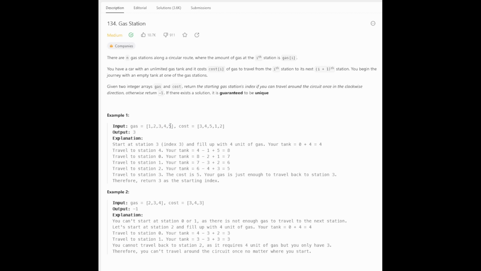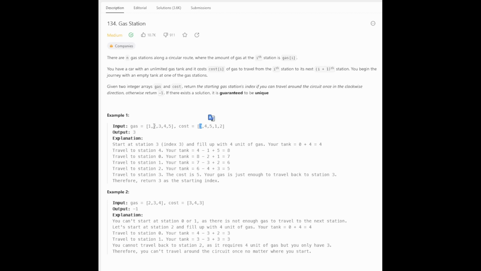If we were to try to start at 5, then we would have gotten stuck somewhere along the route. Let's look at that example. 5 minus 2 is 3. So when we get here, we have 3 gallons left over, plus the 1 we get here, so we have 4.